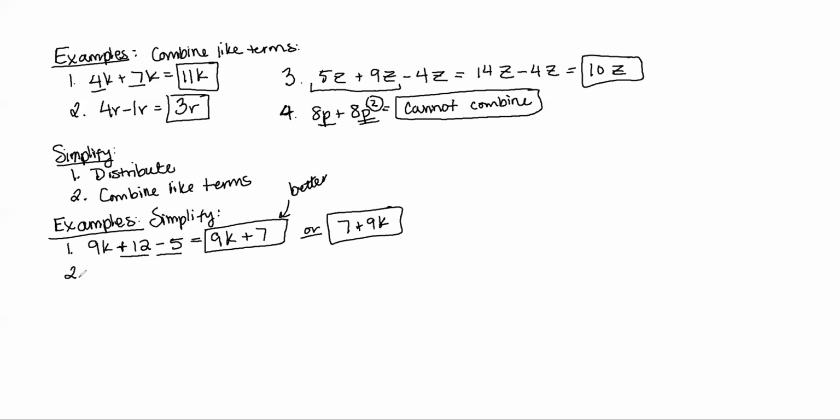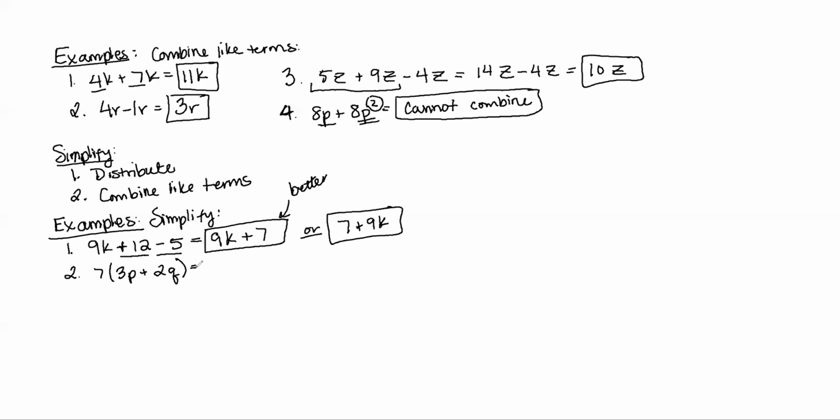All right, number 2, 7 parentheses, 3p plus 2q. And now this one is just like what we saw in 1.7. So this one, if you notice, we have parentheses, so that's what we want to do first to simplify.